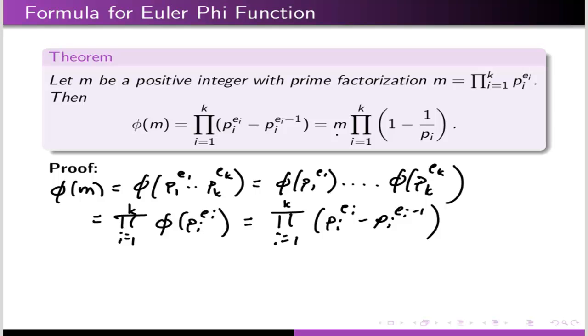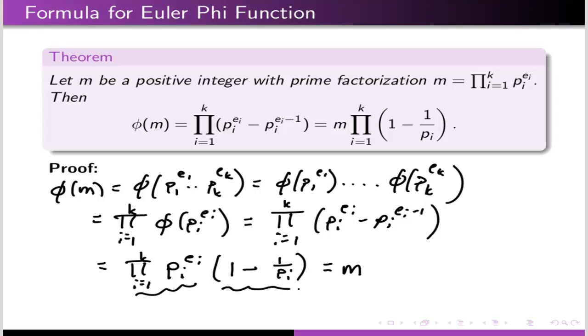All right, and then to get this final form, all I do is I think of factoring out a p_i to the e_i like this. And that would leave me with a 1 minus 1 over p_i. And then group together all of the first power terms, and that'll give me the m. And then I group together all of these pieces. Simple as that.